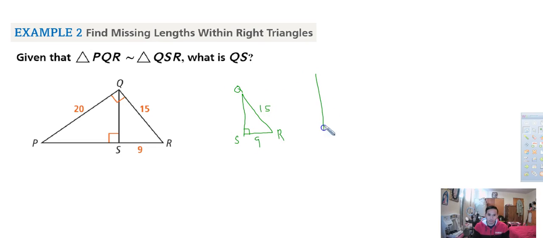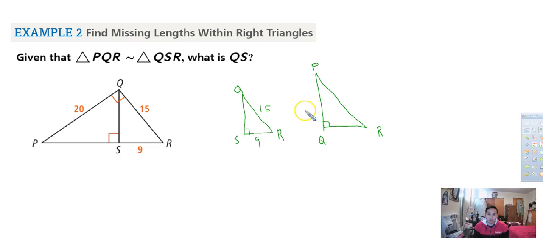Then the bigger triangle, if I redraw it, so that we can see the corresponding parts of the two triangles, this will be QPR. I rotated this one so you can see the corresponding parts immediately.